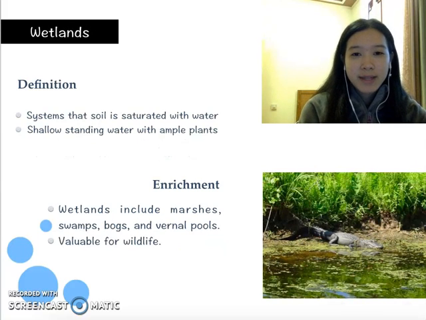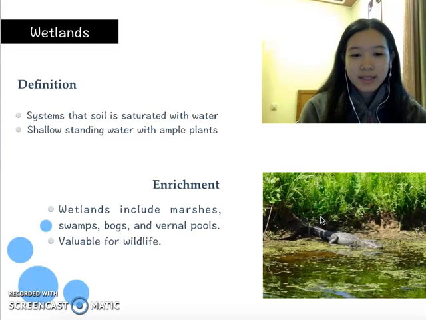Now let's look at wetlands. Wetlands are systems where the soil is saturated with water, and the water is shallow standing water with ample plants. So this picture shows what a wetland is. More specifically, it is a swamp.